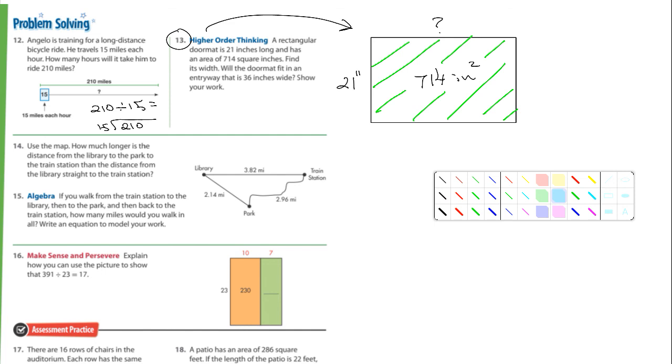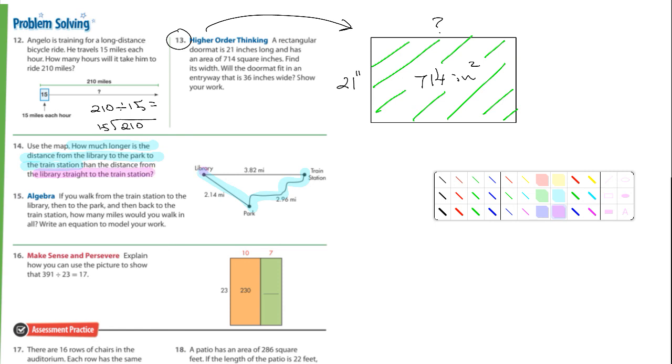So how much longer is the distance from the library to the park to the train station? The other distance they're asking about is then the distance from the library straight to the train station.